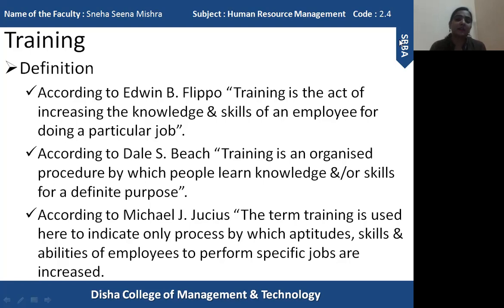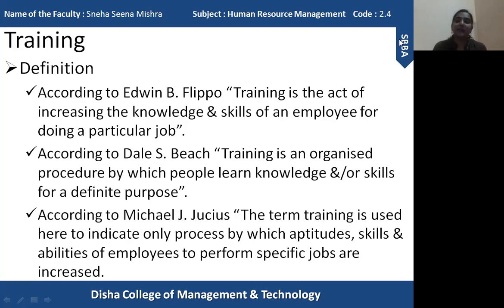So this is the definition of Edwin B. Flippo, that it is an act which increases the knowledge, the skills of an employee for doing a particular job only. Okay. The next definition is given by Dale S. Beach. According to Dale S. Beach, training is an organized procedure by which people learn knowledge or skills for a definite purpose.